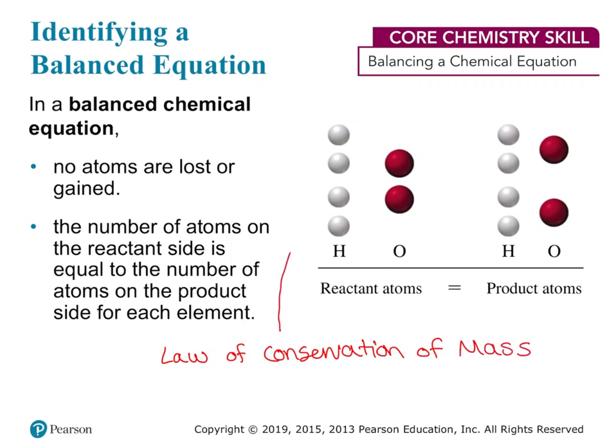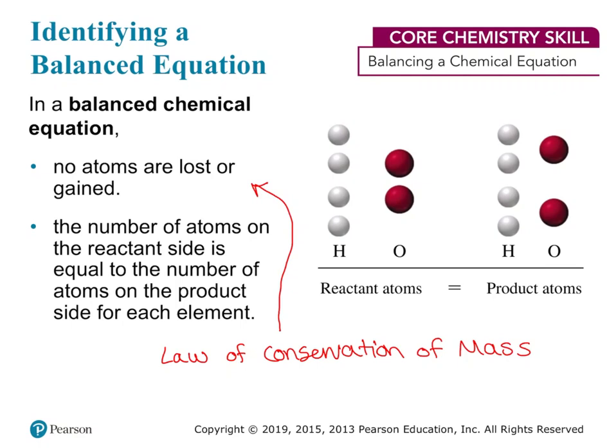And this really just tells us that mass is neither created nor destroyed in a chemical reaction. So another way of saying that is no atoms are lost or gained during a chemical reaction. And this has been proven multiple times by multiple experiments. So the number of atoms on the reactant side has to equal the number of atoms on the product side.